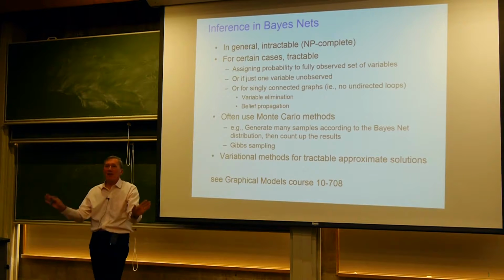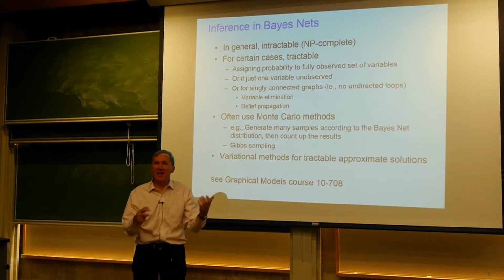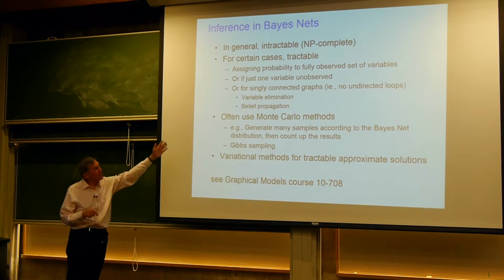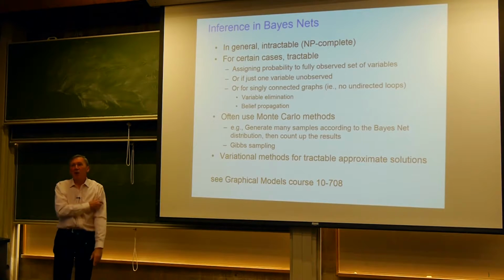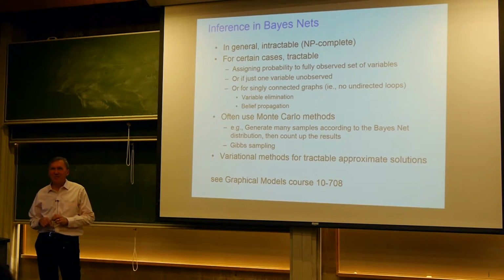In this course, we're not going to dive into that because this is really more a course on learning than it is on probabilistic inference. But you should be aware that there's a lot there you can dig into if you're interested.